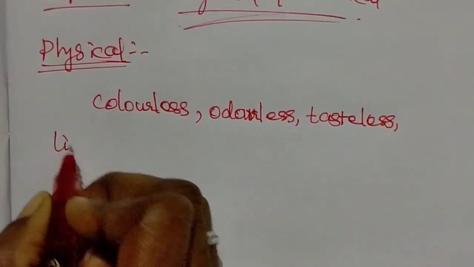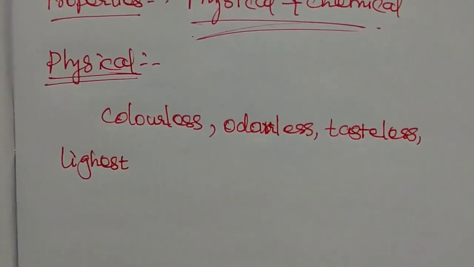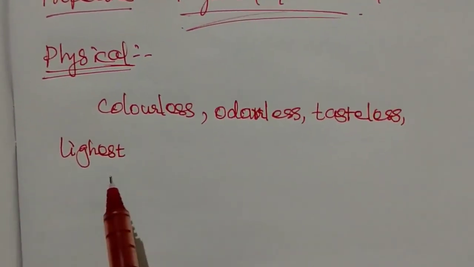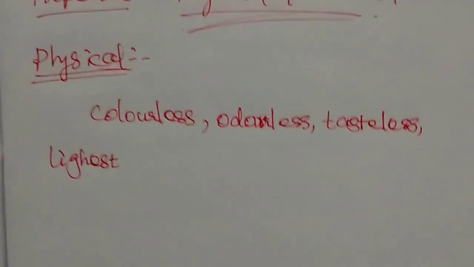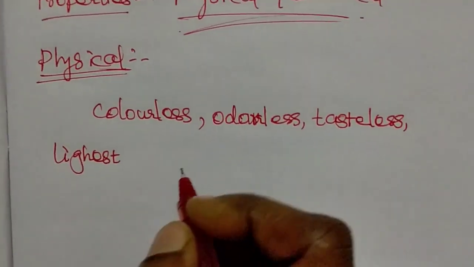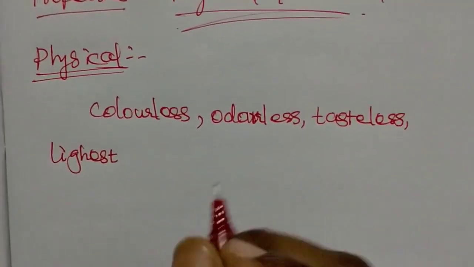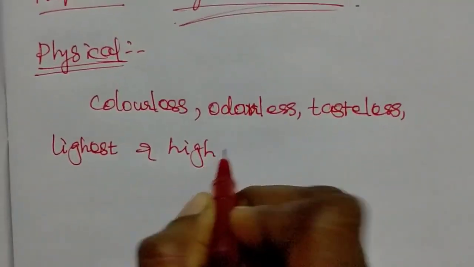This is the lightest element because it is located at the top of the modern periodic table, because of its atomic weight and its number of electrons. So this is the lightest one and a highly flammable gas.